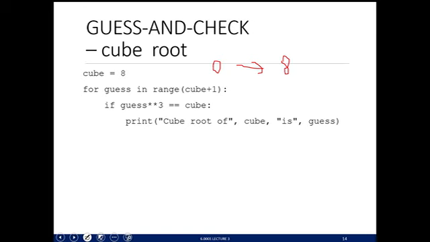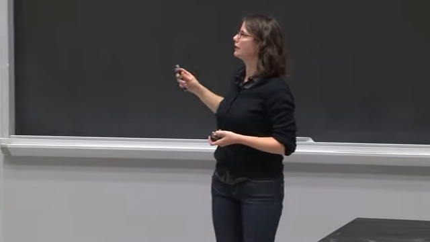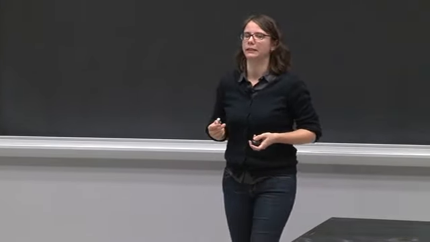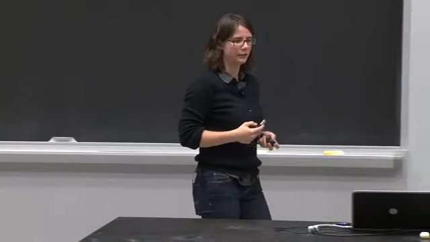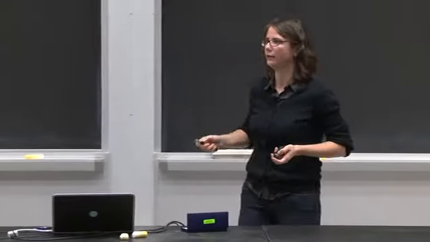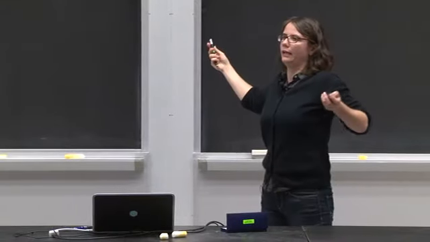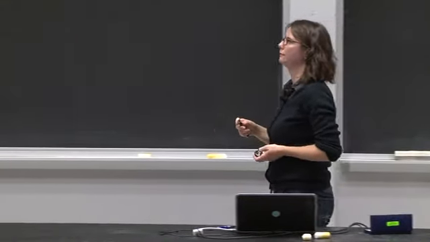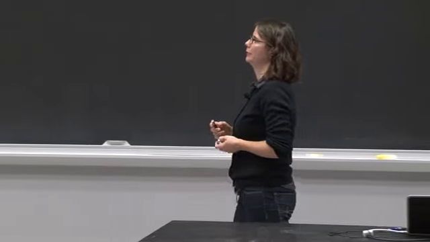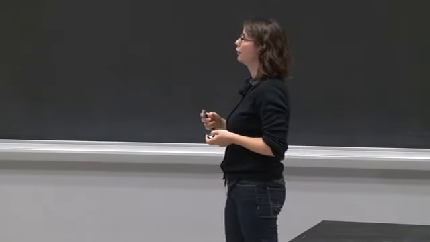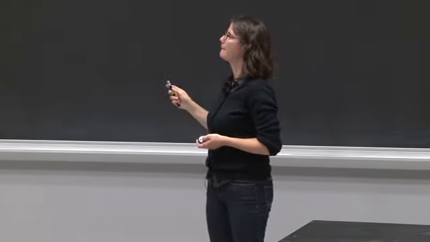And if it is, I'm going to print out this message. Okay? Pretty simple. However, this code is not very user-friendly, right? If the user wants to find the cube root of 9, they're not going to get any output, okay? Because we never print anything in the case of the cube not being a perfect cube. Okay?